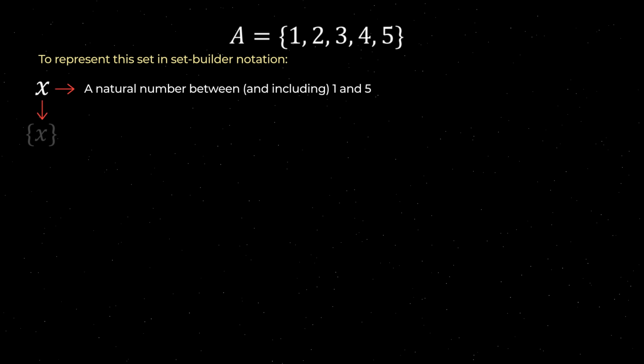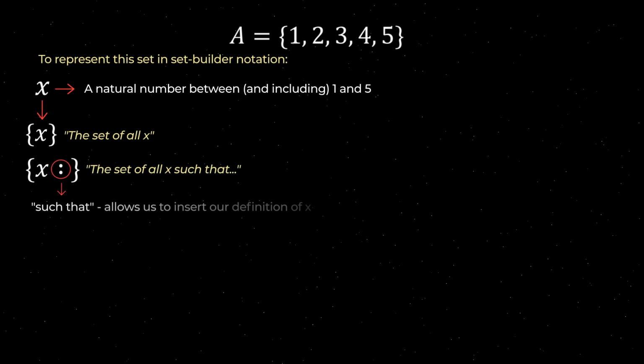Next, we build a set with the x variable in it, which is read as the set of all x. Then we insert a colon to the right of the x, which represents the phrase such that. The purpose of this is to allow us to enter specific information about x, that is, our definition of x.